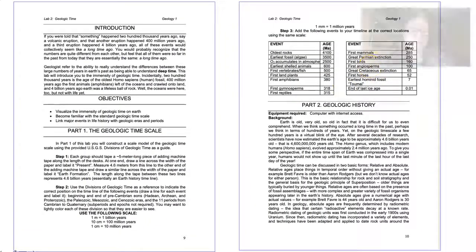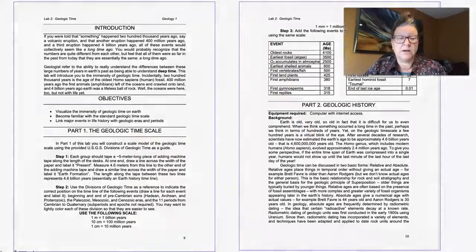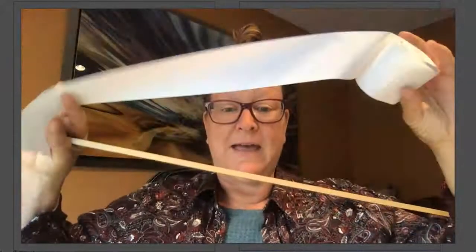Now, getting to your lab. Well, first of all, I'd like you to make sure, starting on page 9, that you read the introduction and the objectives, but we're not actually going to do part 1 of the lab because part 1 involves you getting into groups with your fellow classmates and getting big giant pieces of adding machine tape and using meter sticks to make a gigantic timeline and put all kinds of information on that timeline to represent geologic events in Earth's history.